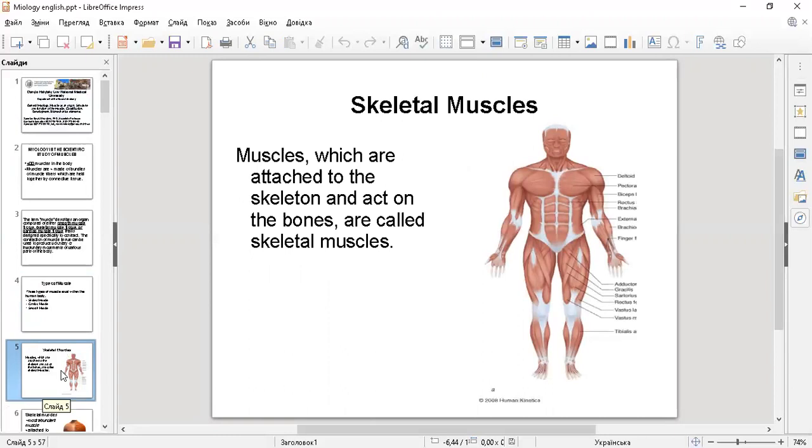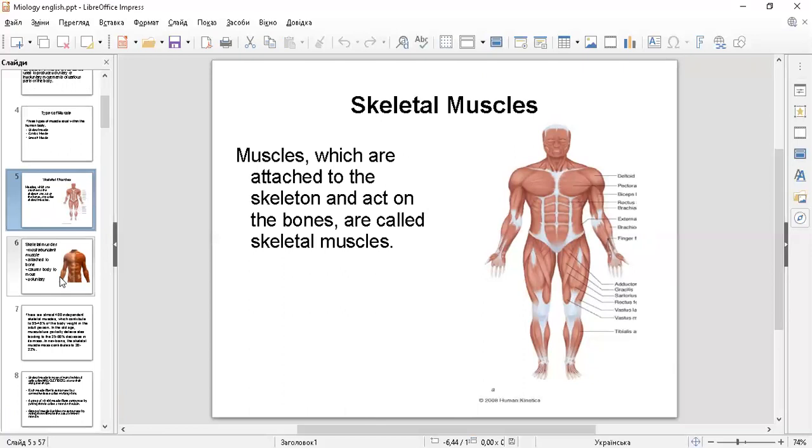Muscles which are attached to the skeleton and act on the bones are called skeletal muscles. In the picture, you can see skeletal muscles of the human body.